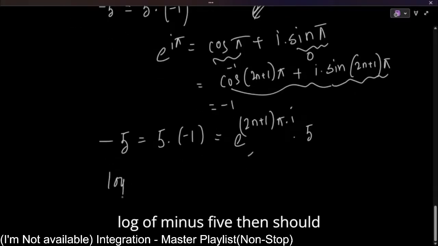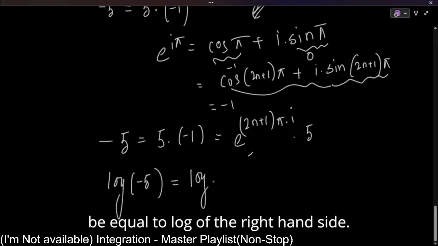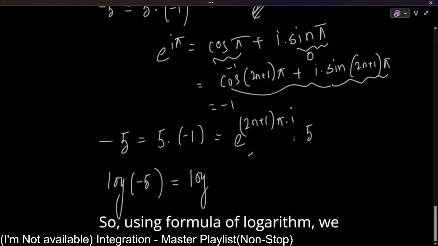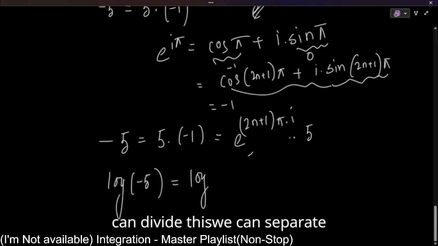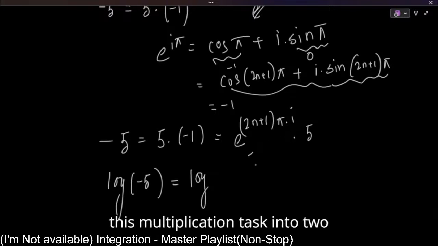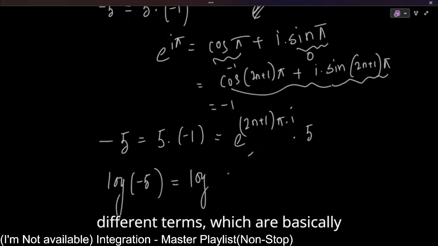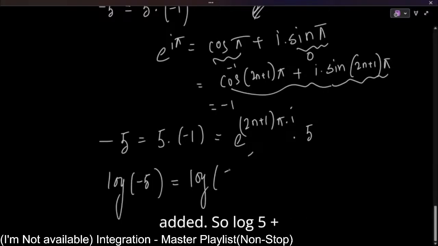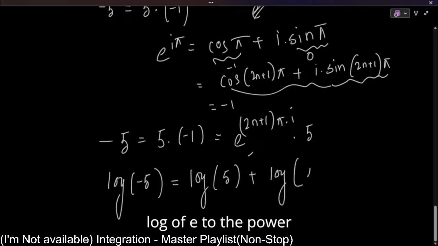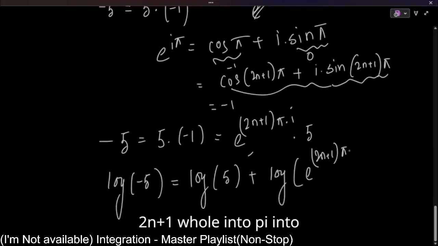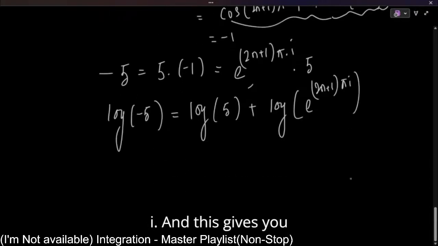Now, log of -5 should equal log of the right-hand side. Using the formula of logarithm, we can separate this multiplication into two terms that are added: log 5 plus log of e to the power (2n+1) pi i.